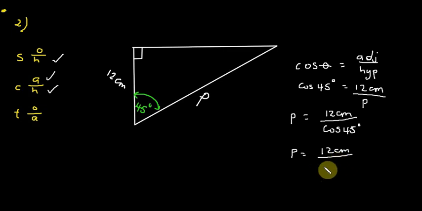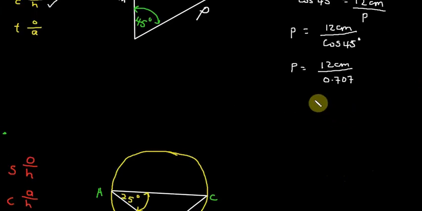Cos 45 on the calculator, cos 45 equal. You get 0.707. So P is equal to, when I divide 12 by 0.707, we have 17 cm.